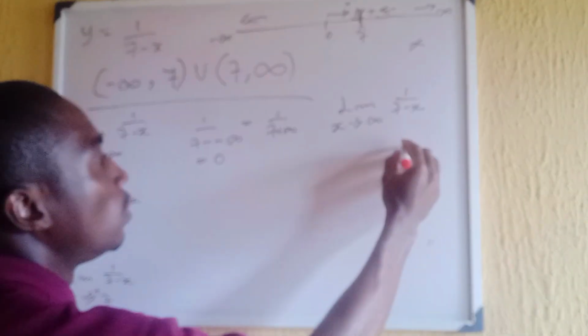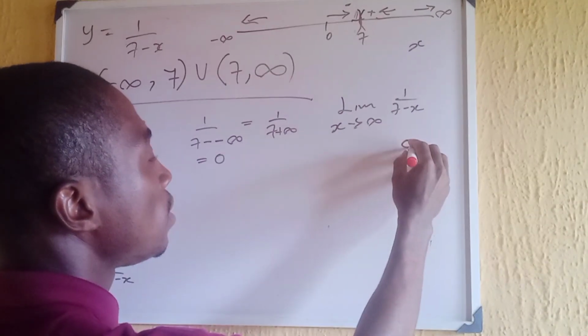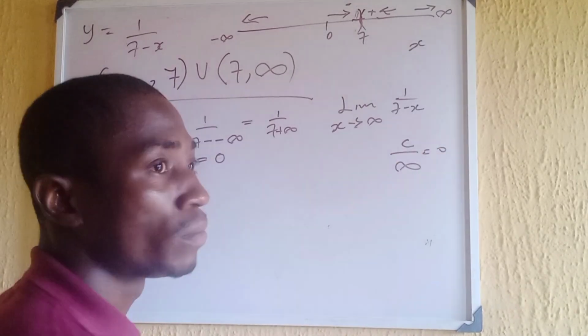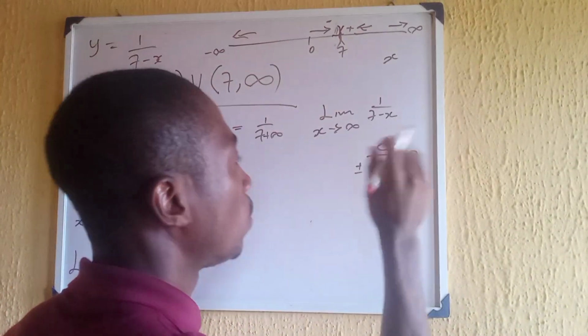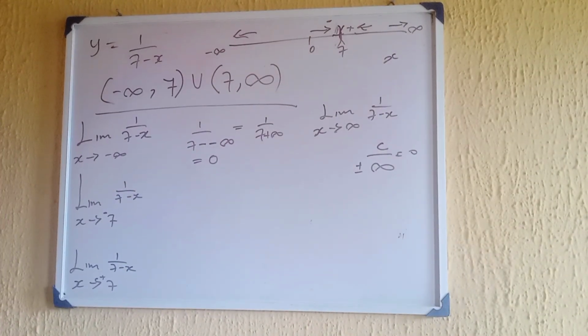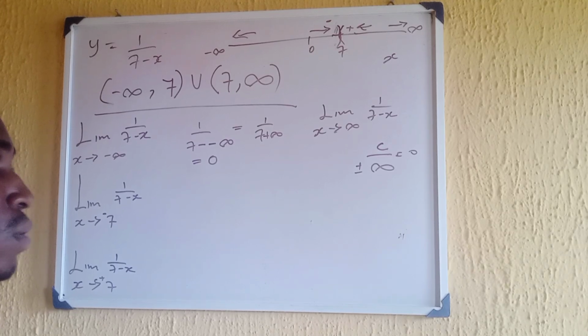Note, any number, let's say c over infinity is equal to 0, as positive or negative infinity. That means the number tends to 0. So in that case, we will say that the number is equal to 0.